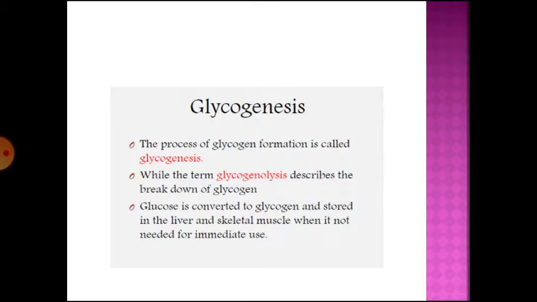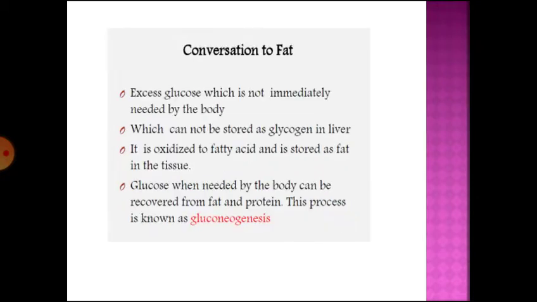Glucose is converted to glycogen and stored in the liver and skeletal muscle when it is not needed for immediate use. Conversion to fat: excess glucose, which is not immediately needed by the body and cannot be stored as glycogen in the liver, is oxidized to fatty acids and stored as fat in the tissue. Why is glucose converted to fat?